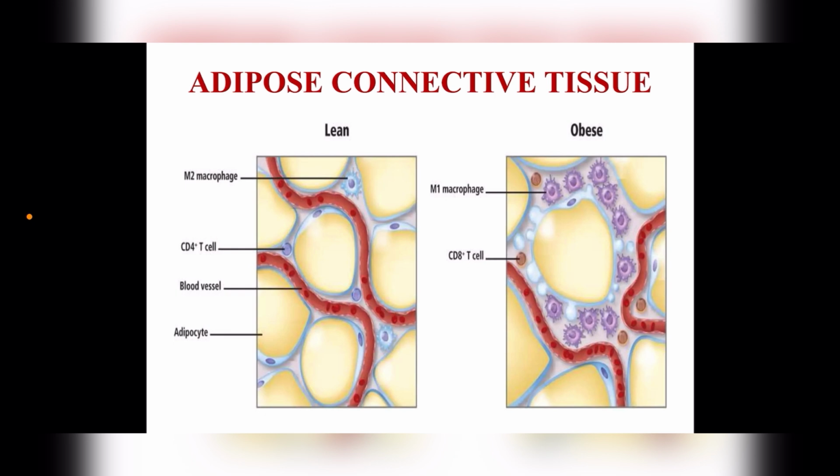In lean patients, CD4 plus T cells are present, and in obese patients, CD8 plus T cells are present. In the lean body, M2 macrophages are present. In obese patients, M1 macrophages are present. These are the two differences, and it is an important one, which can differentiate between the lean and obese body.